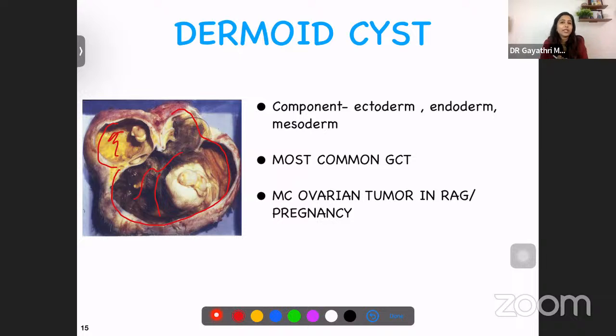But among the germ cell tumors, the most common type is the dermoid cyst. This dermoid cyst is also known as mature cystic teratoma. This is the most common ovarian tumor in the reproductive age group. It's the most common ovarian tumor in pregnancy. And this is the most common ovarian tumor to undergo torsion as well.